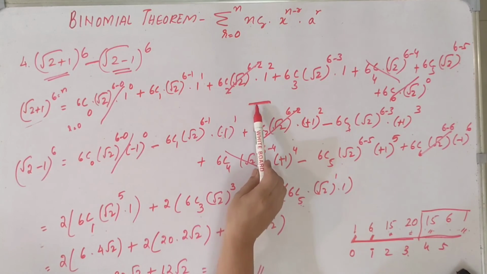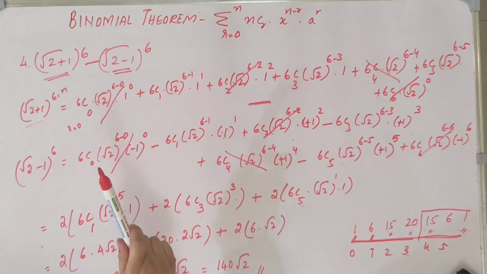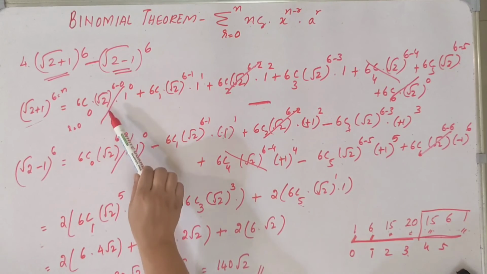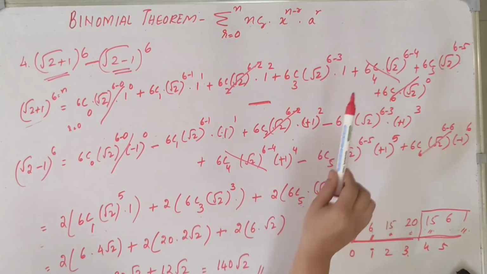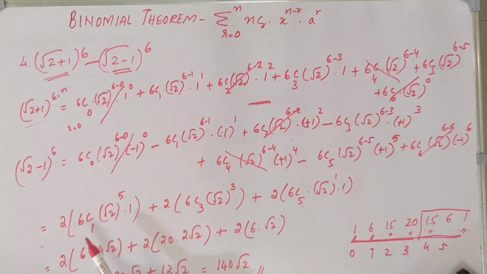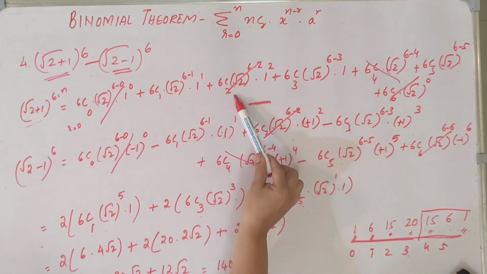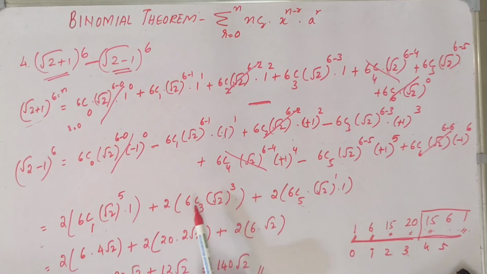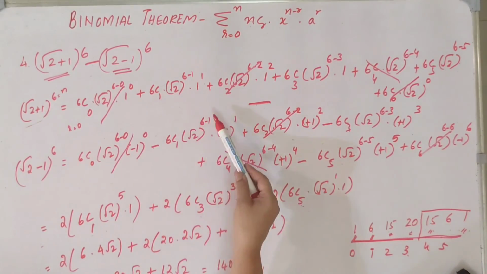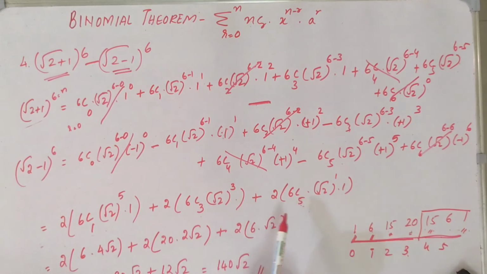Since there is going to be a minus sign, the odd terms will get cancelled. So first, third, and fifth will get cancelled. What will be left is second, fourth, and sixth. That is what we have to calculate. We just don't have to write this expression again and again. We'll just multiply it by 2 like this.